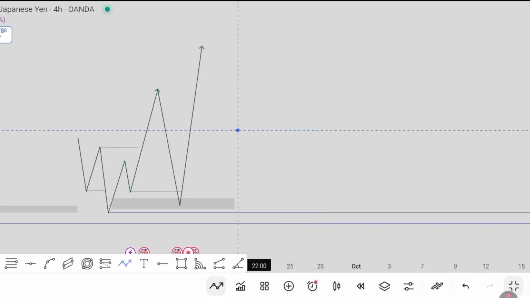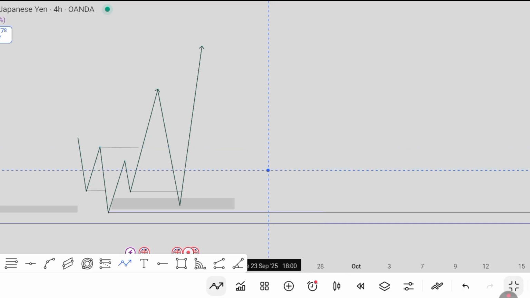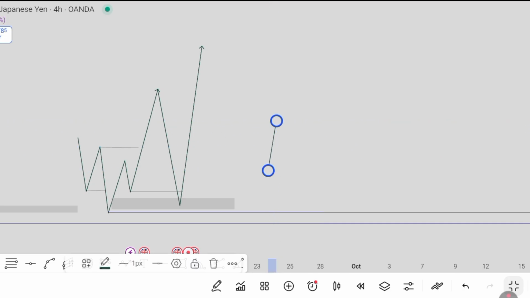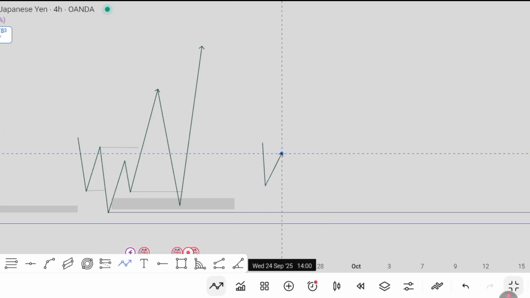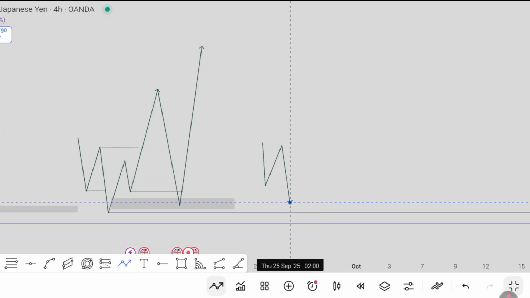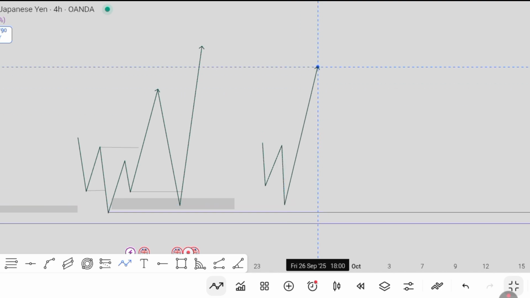And then for the type C setup, there's no structural liquidity, there's no inducement liquidity. Let me just show you how the type C setup looks. Let's say you have something like this. You have this sweep, this move to the upside.